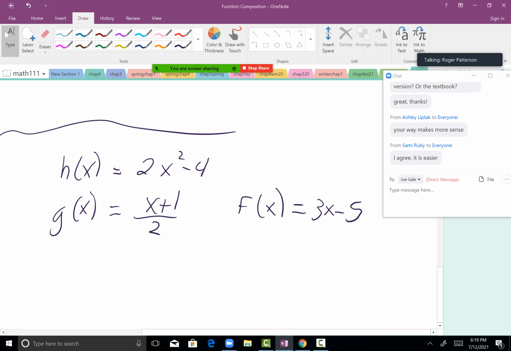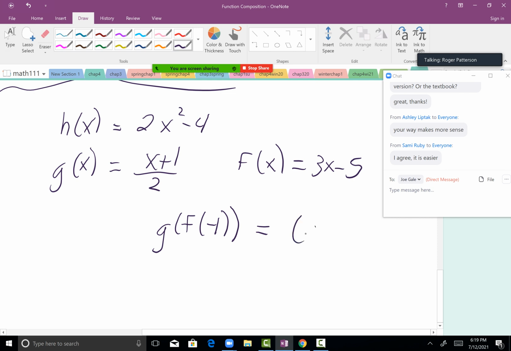All right, so let's go ahead and do some more of these. Let's go with g of f of -1. So if we write it like this, using the book method, we're going to start with f. F's on the inside. We'll work inside out. So we're going to take -1 and put that right in there.